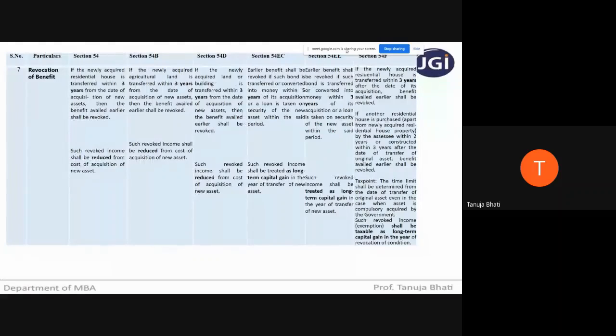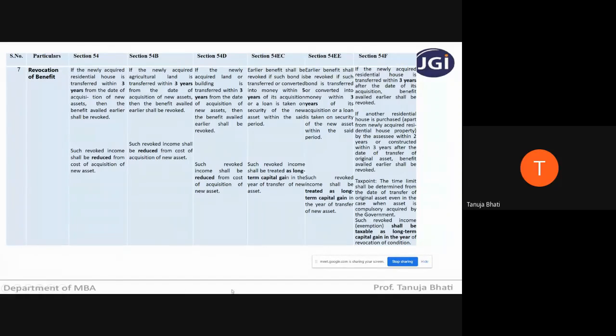Section 54F: if the newly acquired house is transferred within a period of 3 years, or if another residential house is purchased within a period of 2 years or constructed within a period of 3 years, then such deduction which he had got earlier shall be taxable as long-term capital gain in the year of revocation of condition.